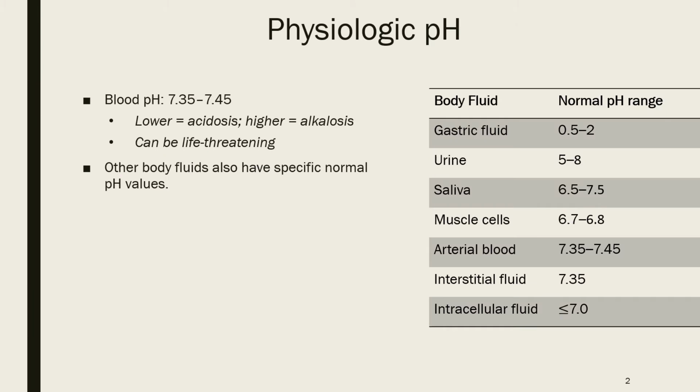Understanding of pH is extremely important in medicine and physiology. It has been found that blood plasma pH is an important indicator of health. Blood plasma normally has a pH value of 7.35 to 7.45. This is known as physiological pH.